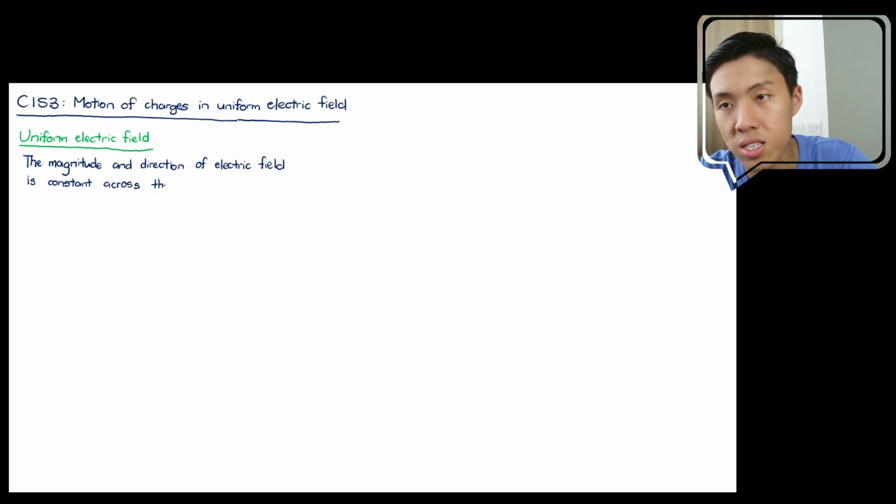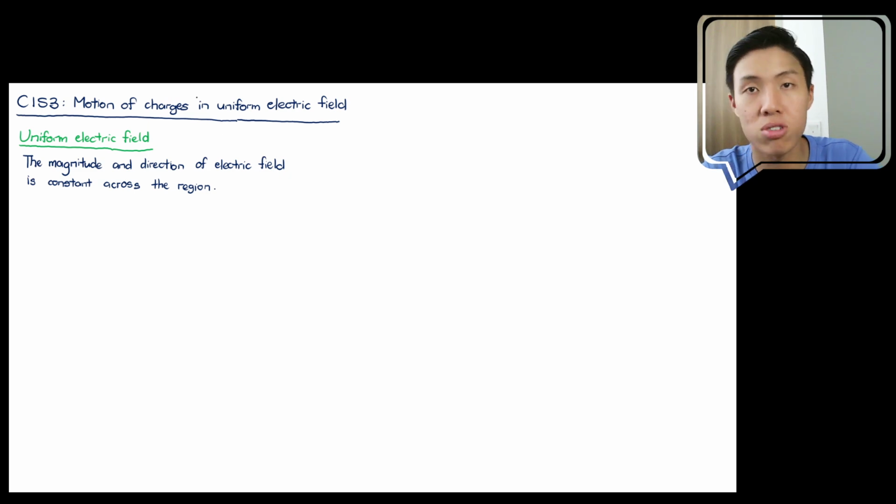A region is a certain space that you define, and in that space, you'll find that everywhere in that space, the electric field is pointing in the same direction and it has the same strength. So that's the meaning of uniform electric field.